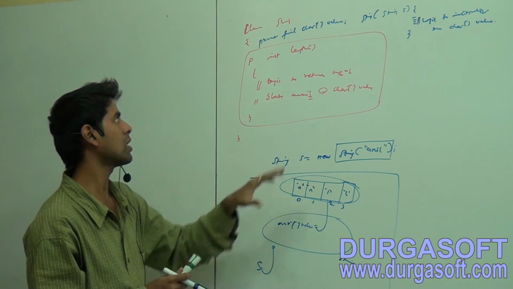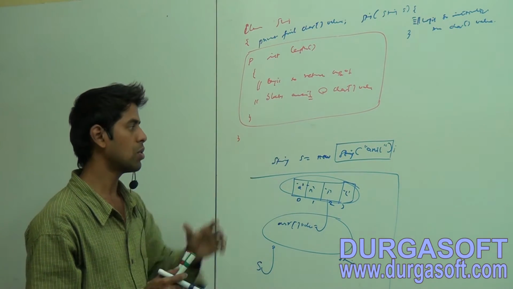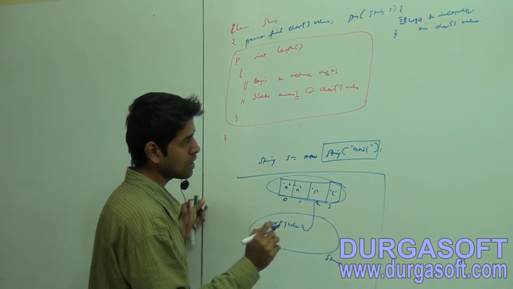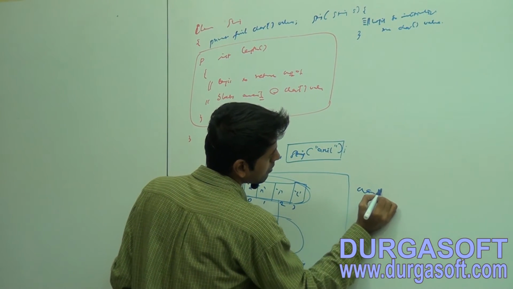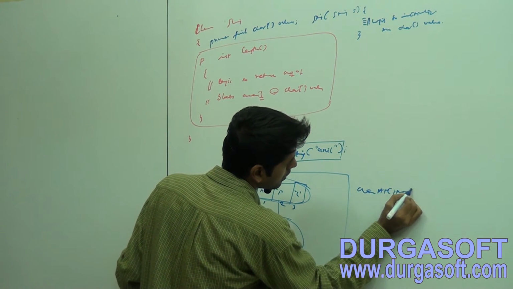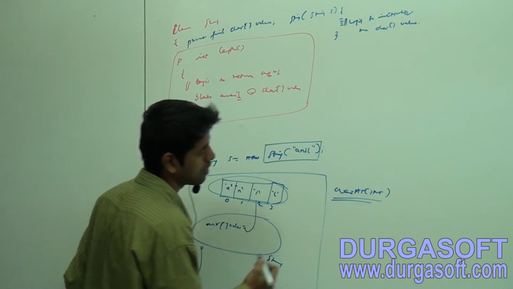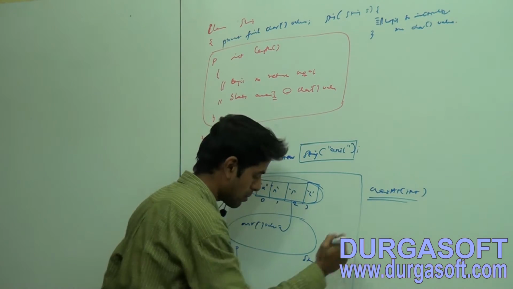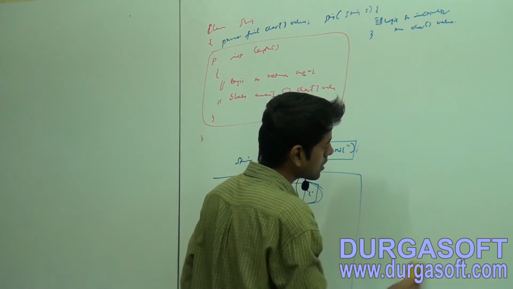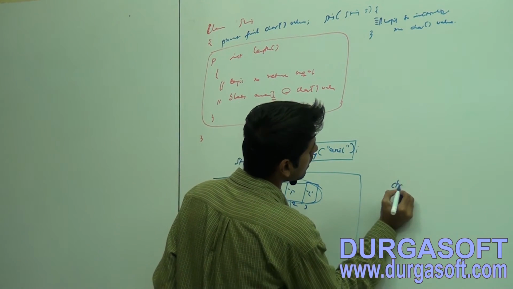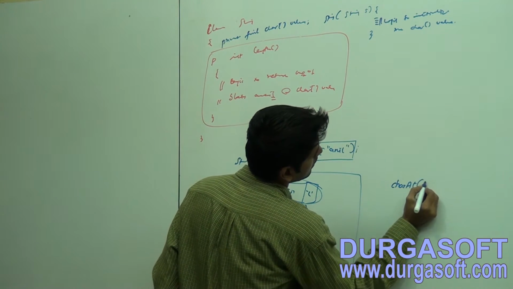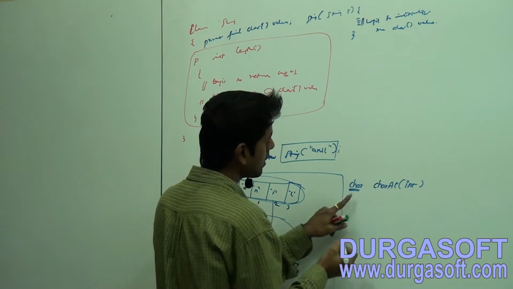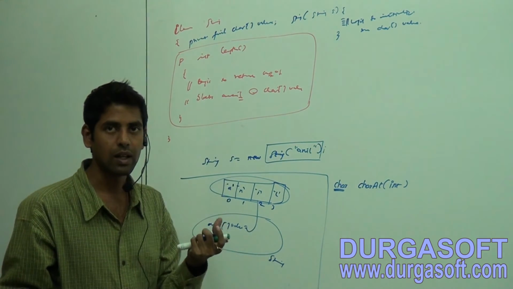Now we are going to customize this method. Simple logic, observe here. I said that I am going to use the charAt method, which has an int argument. What is the return type of the charAt method? It is char.